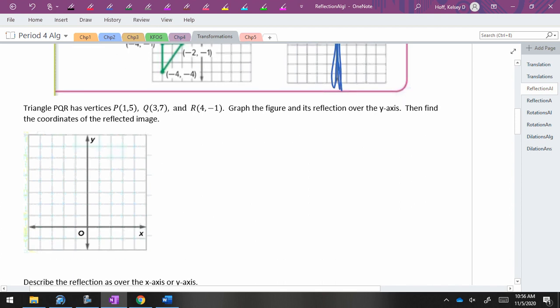Triangle PQR has the following vertices. Graph the figure and its reflection, then find the coordinates of the reflected image. Start off basic. Plot these points and label them.